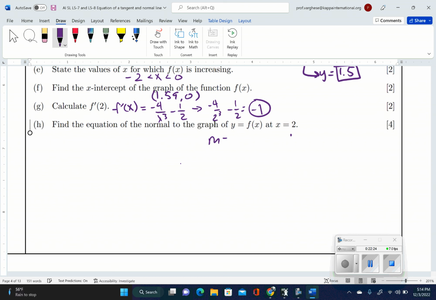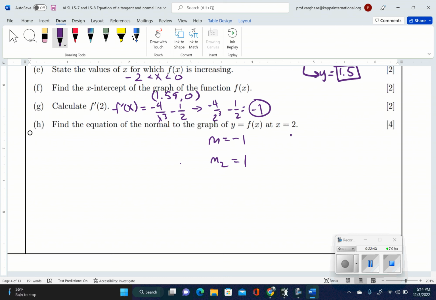So m is equal to -1. If we're finding the normal, we're finding the negative reciprocal of this. So m2 is going to equal the negative reciprocal of -1, which is just +1. So our slope is going to equal 1.